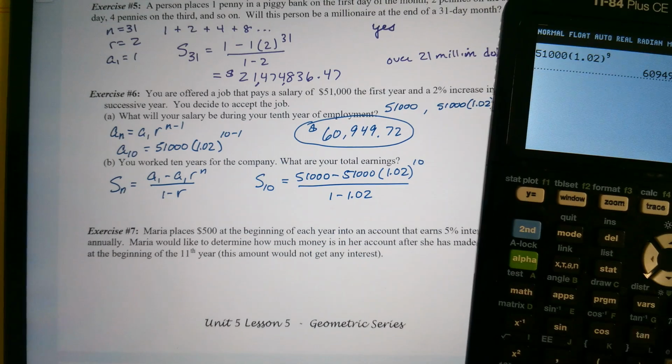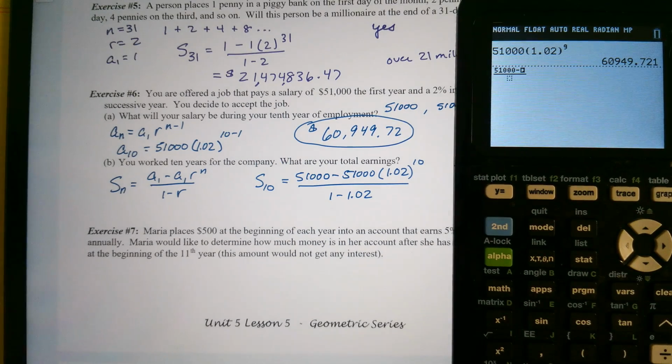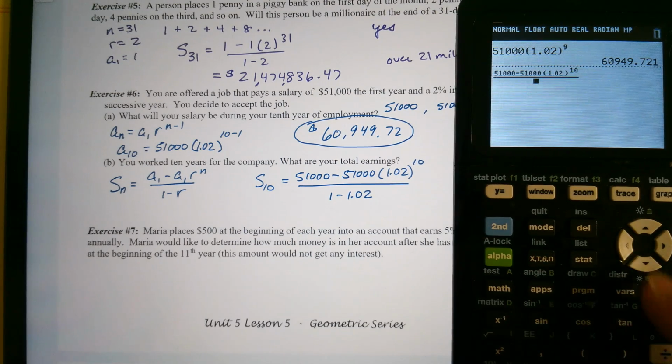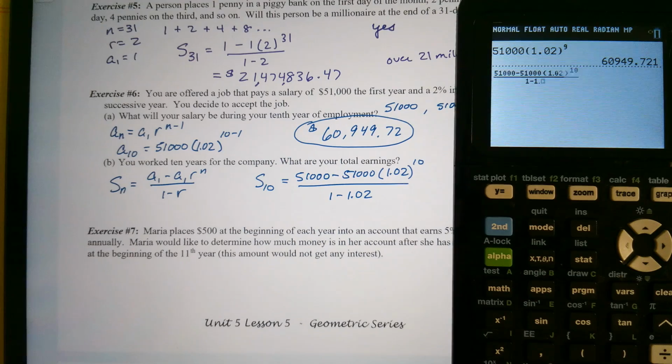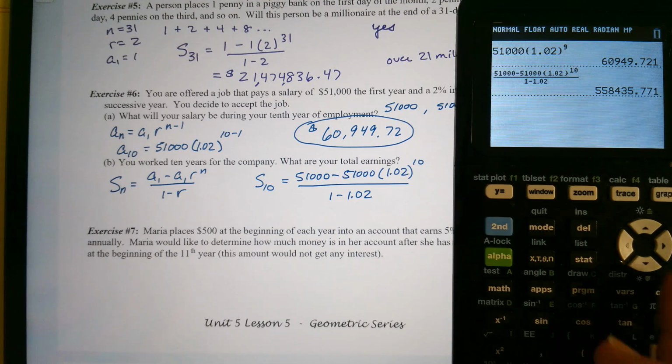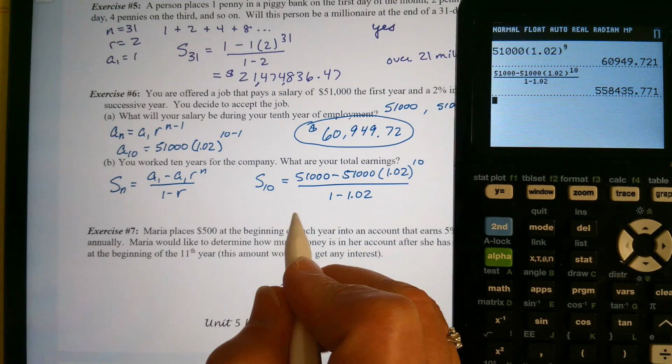Make the substitutions, go to the calculator. $558,435.77.